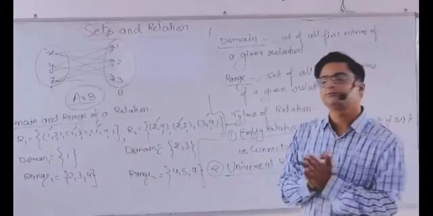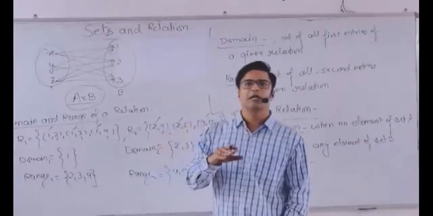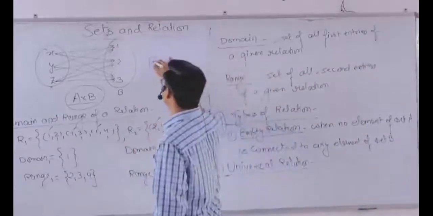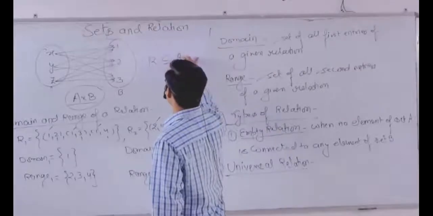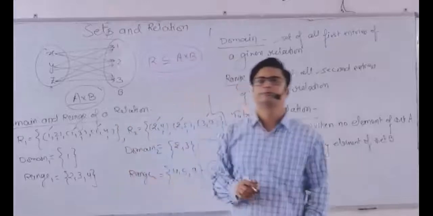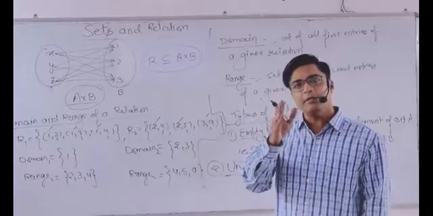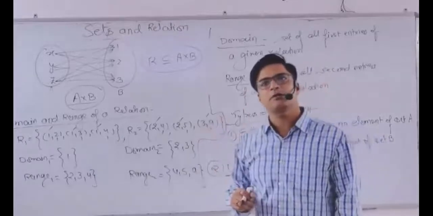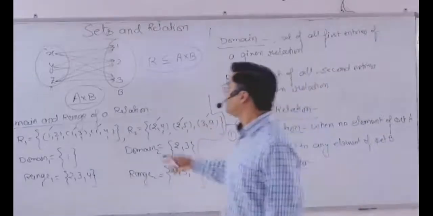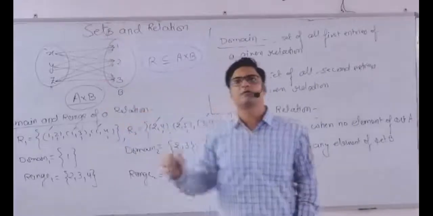I told you relation is a subset of Cartesian product. That's what I defined. Yes or no? So we considered empty relation. Empty relation is basically your improper subset. The other improper subset is when I consider A cross B itself.